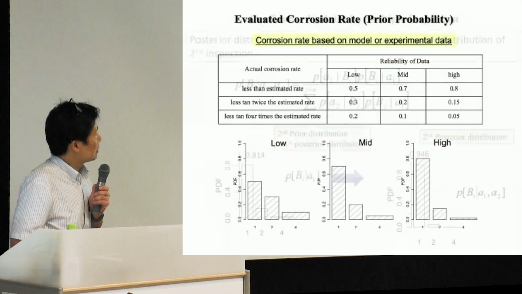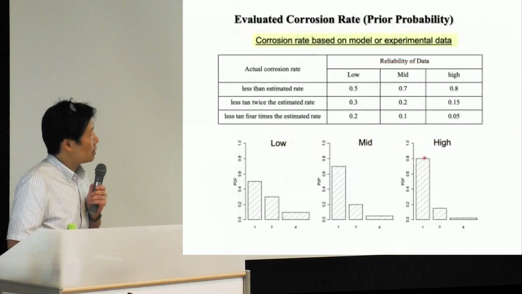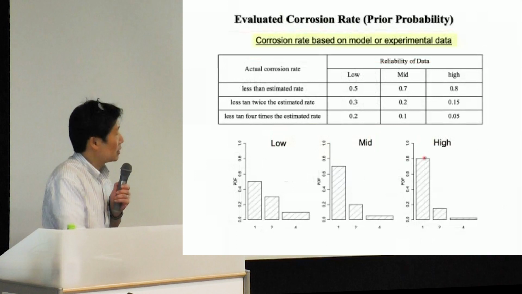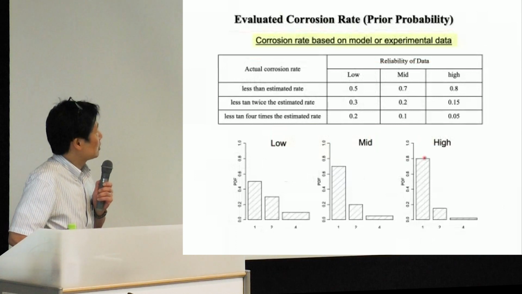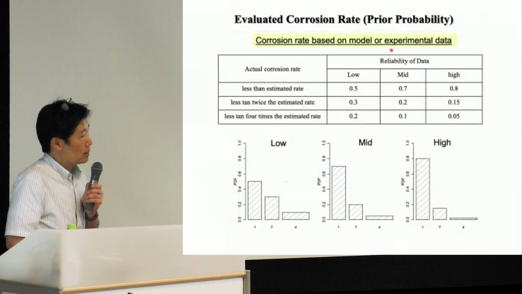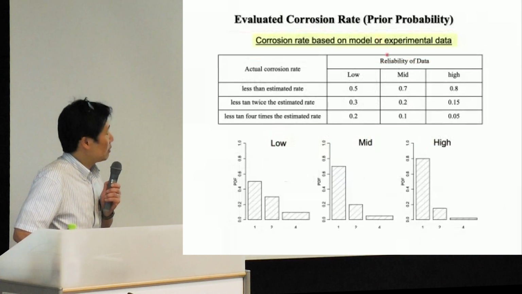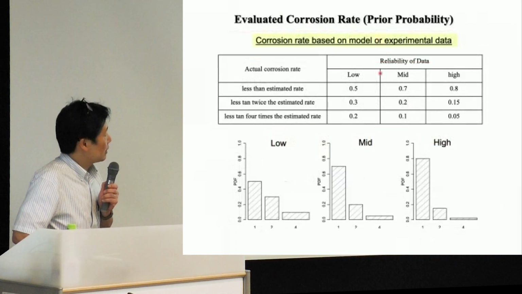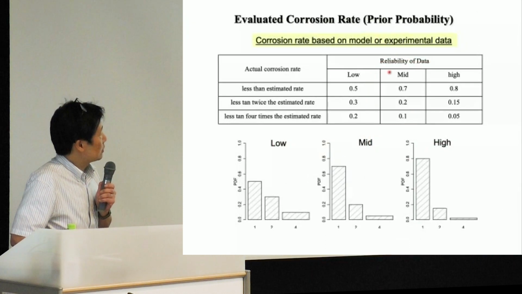But the question is, in the standard, how do we set the reliability of data, experimental data or model? In API 581, the reliability of data used for the prediction is defined this way.